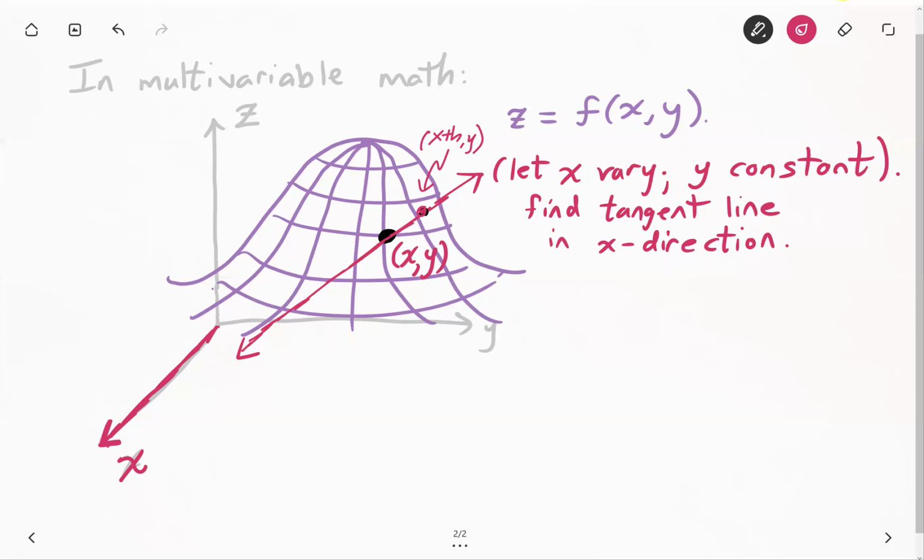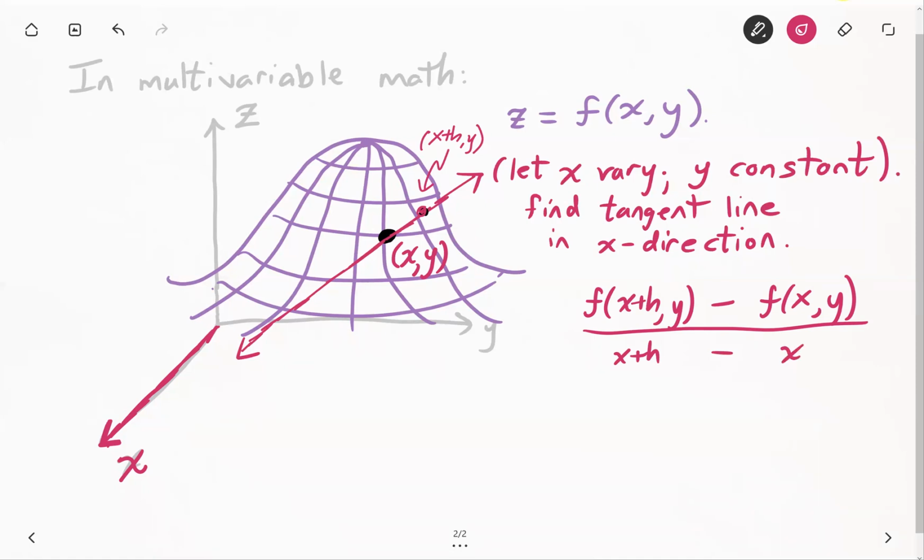If I want to calculate the slope between those 2 points, what would I do? I would calculate f of x plus h comma y minus f of x comma y. That would give me the slope, or not quite yet. I'll divide by x plus h minus x.